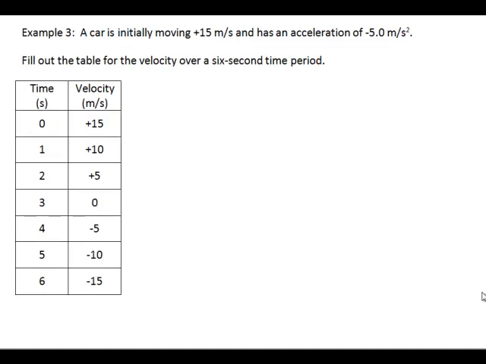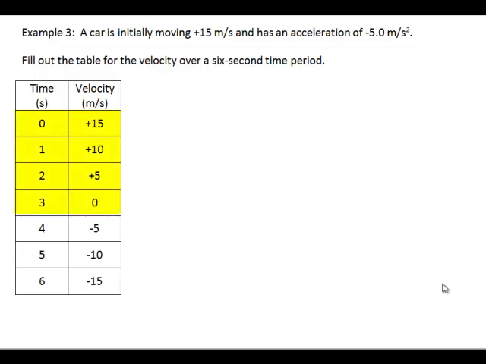The velocity starts at plus 15, goes to plus 10, plus 5, 0, negative 5, negative 10, and negative 15 meters per second, following the acceleration of negative 5 meters per second squared, meaning the velocity changes by negative 5 meters per second every second that passes. Now I do this example because I want you to note the difference between the first 3 seconds and the second 3 seconds.